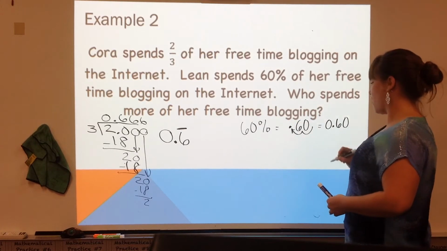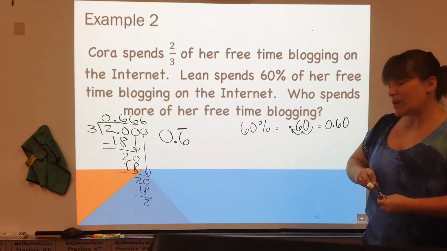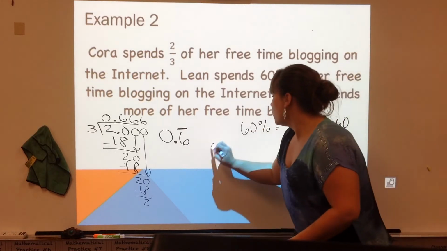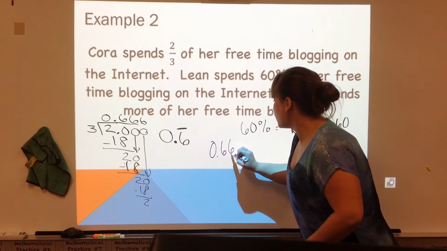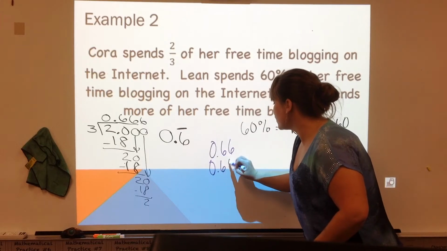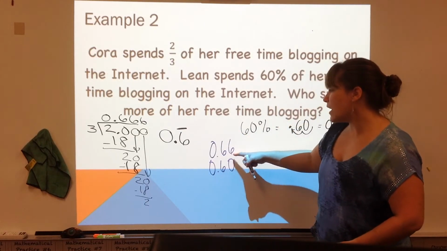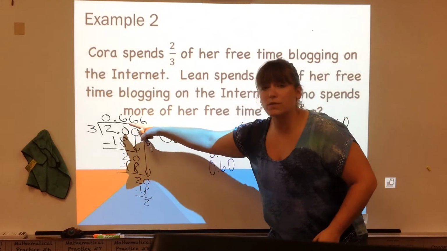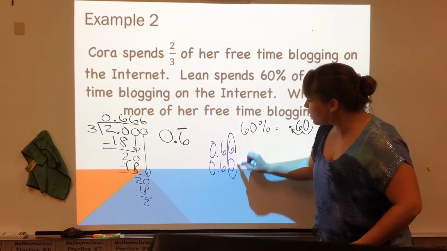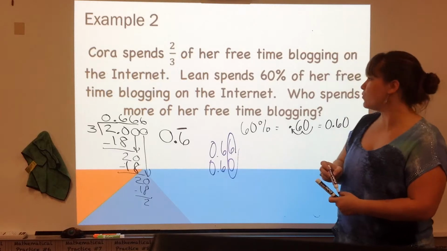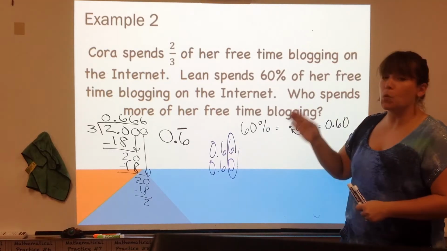0.60. Now, in order to compare, I do want to write these one over the other to show you that sometimes the tens place is the same. So notice I used 2 of the 6's so that I can compare the hundredths place to find which one belongs more.